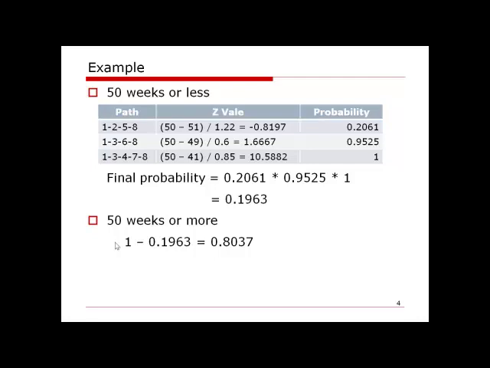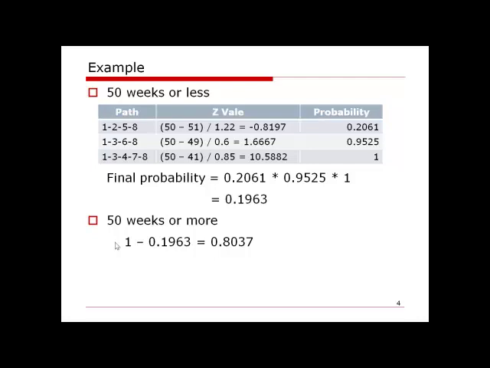However, it is not the probability that we finish the whole project within 50 weeks. How do we calculate that? Basically, we need to multiply these three probabilities together. Why? Because to finish the whole project within 50 weeks, all three paths need to be finished within 50 weeks.